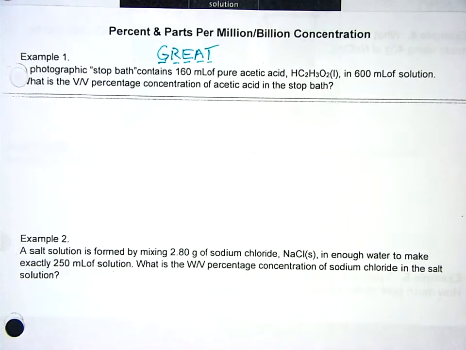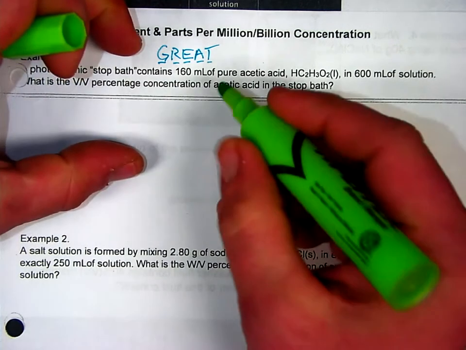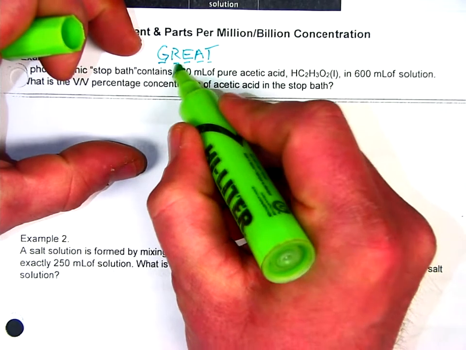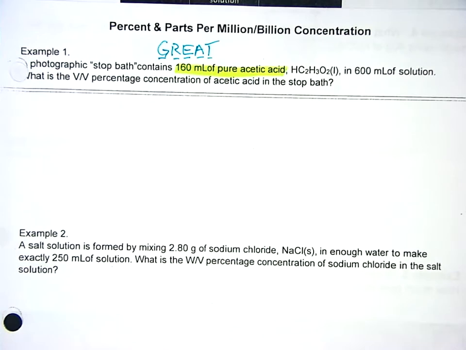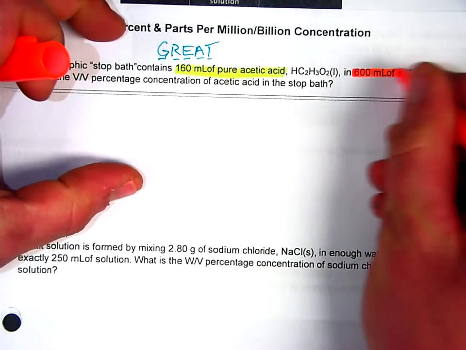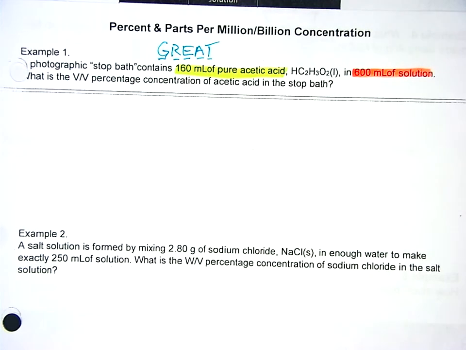So let's figure out what our given and our required things are. It's going to be given to us in the question. It says a photographic stop solution contains 160 milliliters of pure acetic acid in a 6,000 milliliter solution. What's the volume per volume percentage concentration of acetic acid in the stop bath?